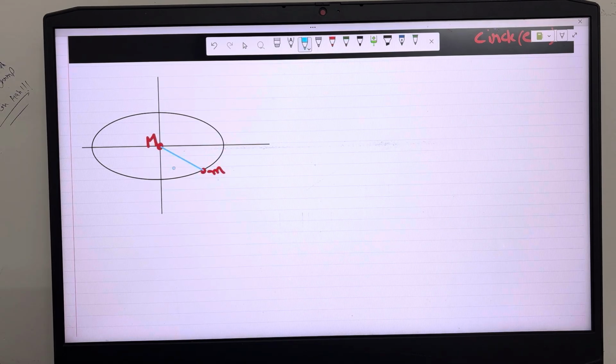This distance is called RB. I'll tell you why I'm saying B. It is having some velocity. The angle is here. Now this is the point, and this is one orbit.